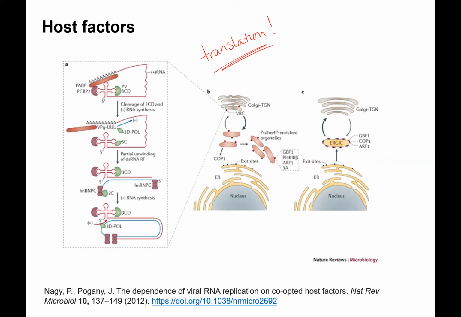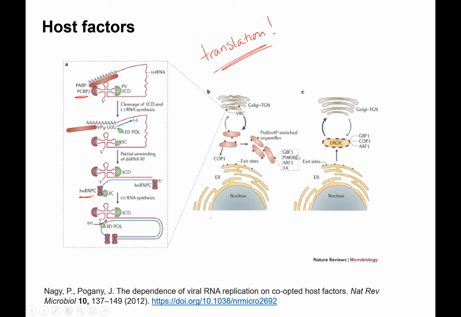And RNA viruses don't ever go through a DNA cycle. So they're translated as the viral genome, and they rely on different host factors to allow that to happen. And again, they also rely on host factors or host machinery to make a productive infection.